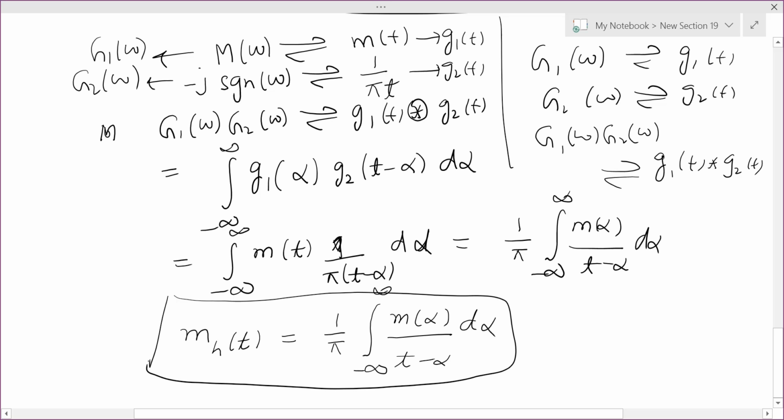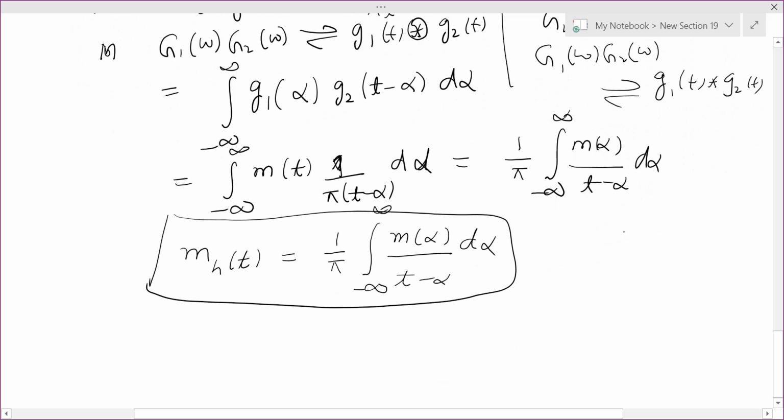This operation, so what we are doing to m of t, we are dividing by t minus alpha and integrating it. When we do this on m of t, we say that we are finding its Hilbert transform.